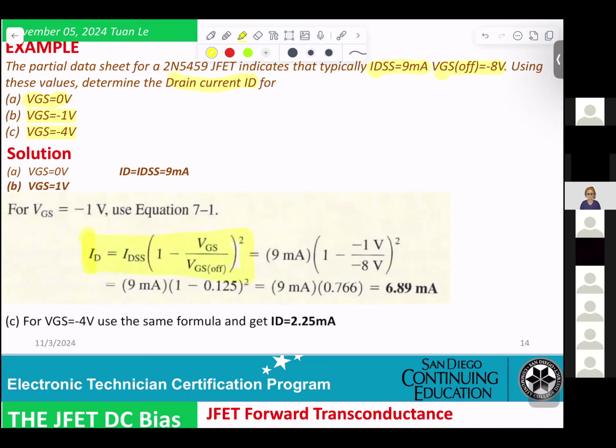The thing is later on, you have to do whenever you need to calculate the ID. The answer will be 6.89. You can try to see, can you get the same answer or not?